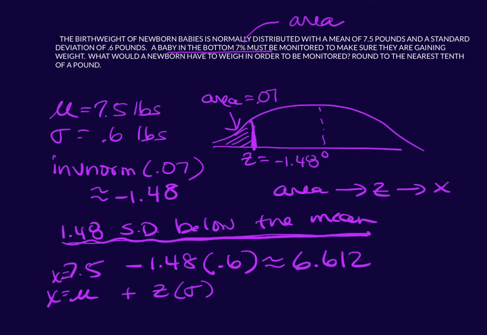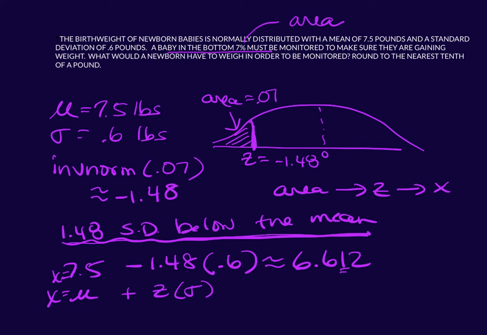Because we want to round to the nearest tenth of a pound, I'm going to keep it at 6.6, I'm not going to round up, for a couple of reasons. Even if this digit was 5 or above, I would still round down, because I'm trying to figure out how much the baby would have to weigh to be in the bottom 7%.